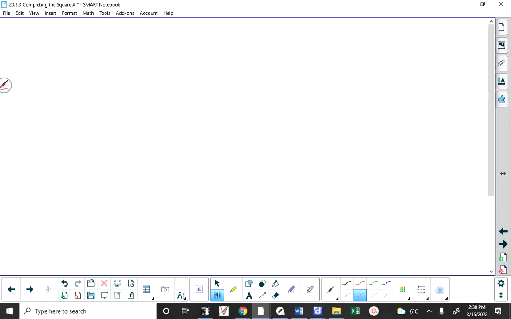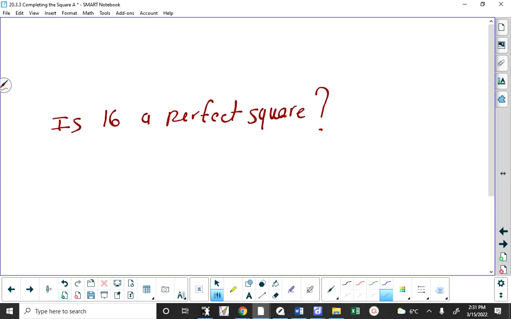If I say to you, is 16 a perfect square? That's a question I'm asking you to ponder. Is 16 a perfect square? I think it's obvious the answer is yes, right? But if you say 16 is a perfect square, you'd better be willing to answer this question.